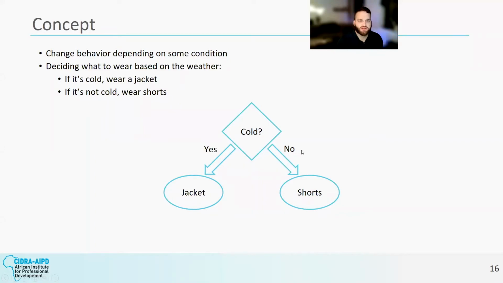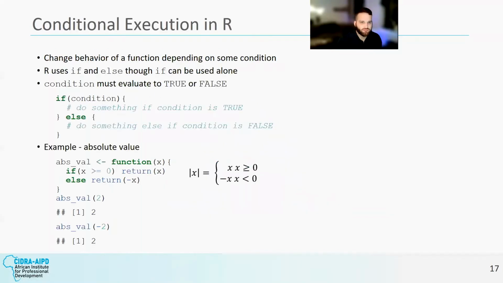So this kind of reasoning is extremely common in all kinds of programming. It occurs whenever you need to make a decision, change some code, or change the output depending on some condition. Conditional execution in R behaves in the same fashion. And the keywords in this case are if and else. The basic structure looks like this.